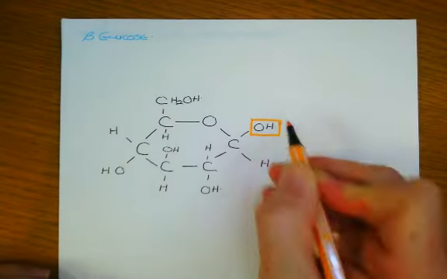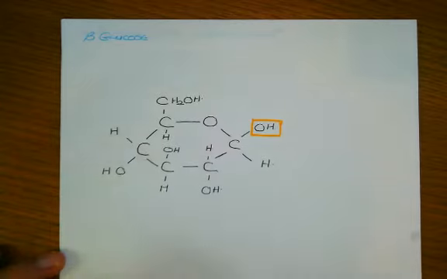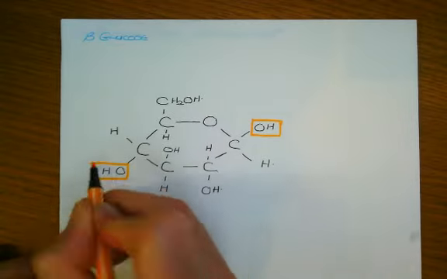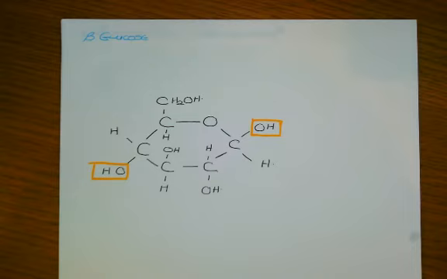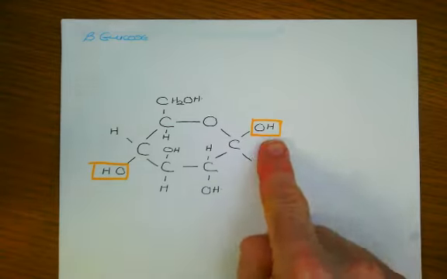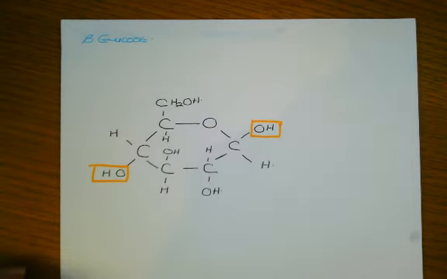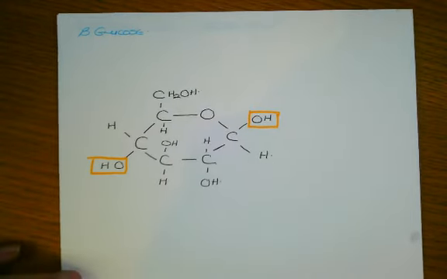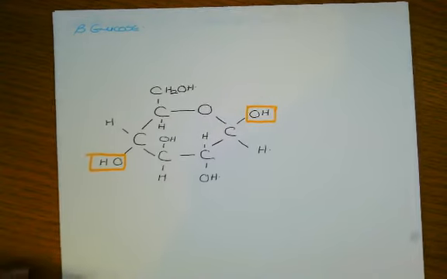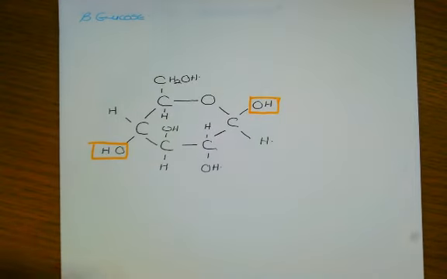The difference that I need you to see here is that we have the OH group here like that, and again down here like that. Having that OH group there means that there are implications for the formation of a bond between another beta glucose molecule, which we'll talk about when we discuss the formation of cellulose.